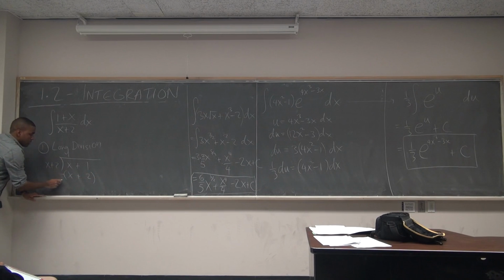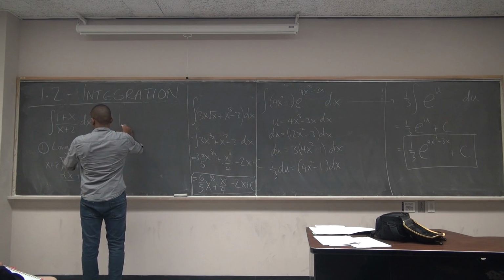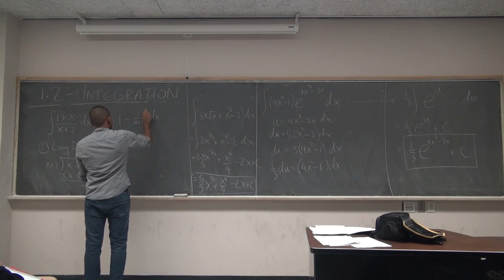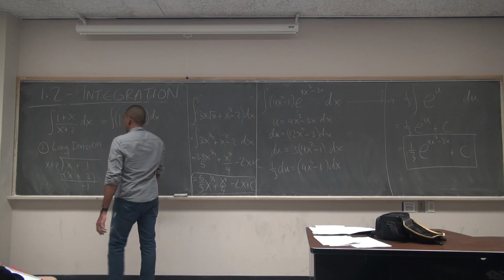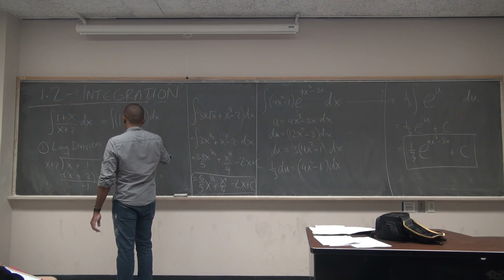You subtract this line from the line above, x's die. 1 minus 2 gives me -1. X cannot go into 1, so that's my remainder. So what this ends up being is 1 minus 1 over x plus 2. In which case, that becomes x minus ln of x plus 2.